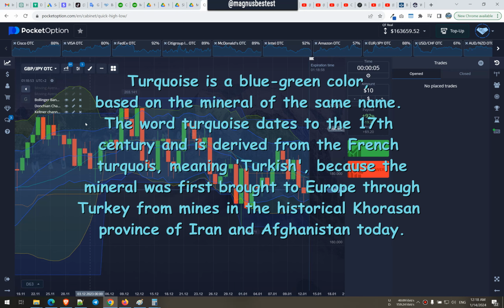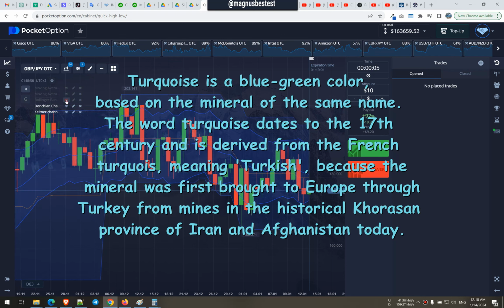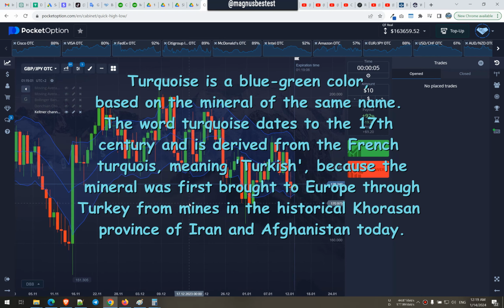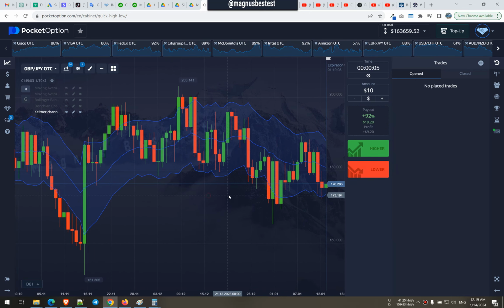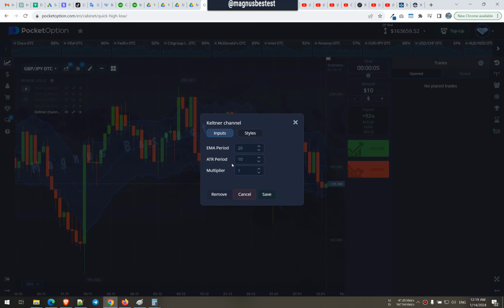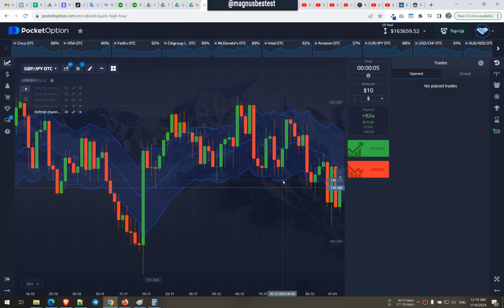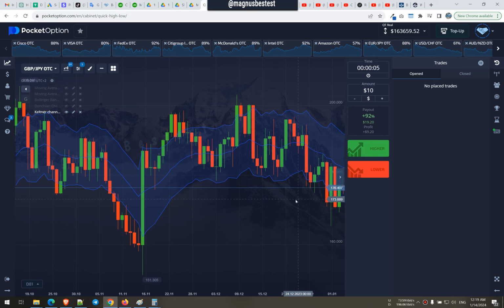So let's just turn off these other channels. Now you can see just the Keltner channel. It's not a simple moving average, it's an EMA, but it also takes into consideration the ATR. So this is the big difference when you compare it to the Donchian channel, because both are traded the same. It's the breakout, the continuation pattern.